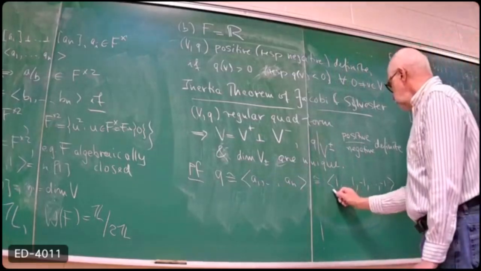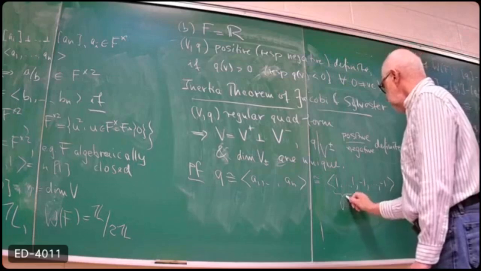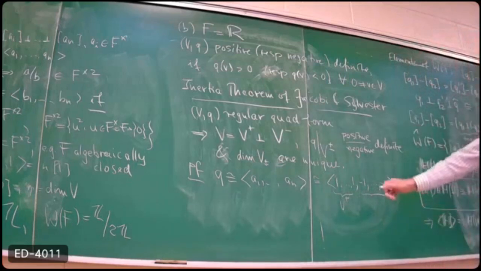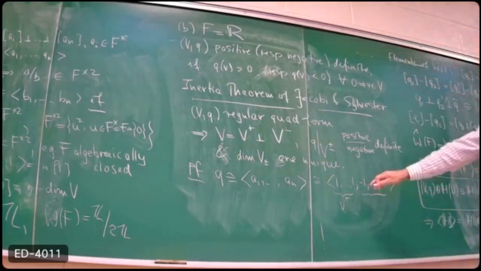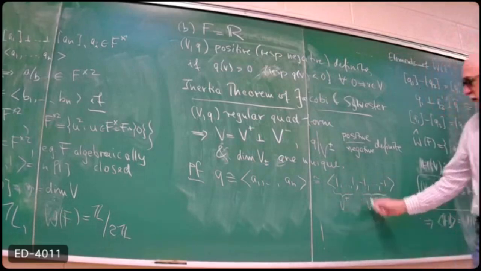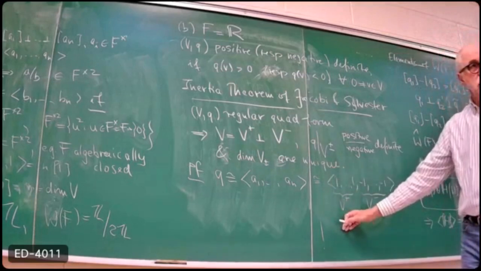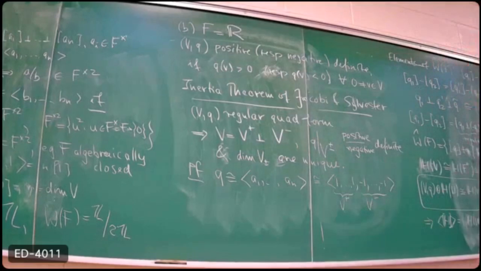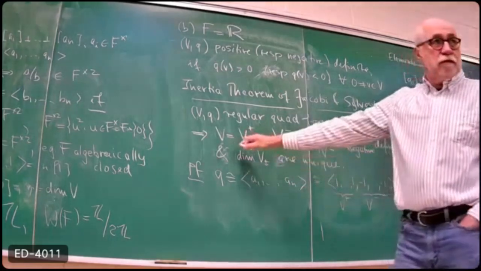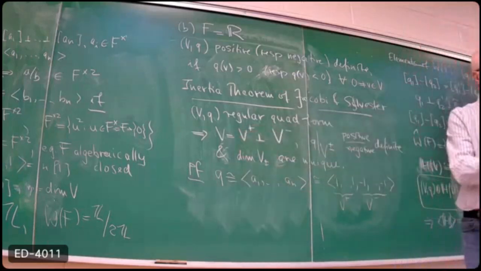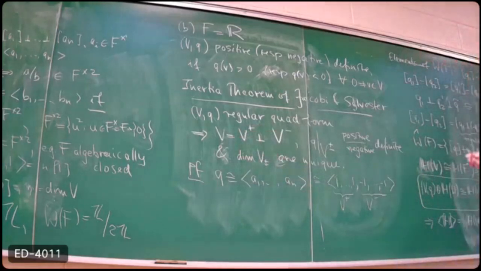And so I declare the space spanned by the basis elements corresponding to 1 as V plus, and the space spanned by the basis elements corresponding to -1 as V minus. So the form is positive definite here, and it's negative definite there. Okay. So this takes care of the first part. V decomposes as something where the form is positive definite, and something where the form is negative definite.